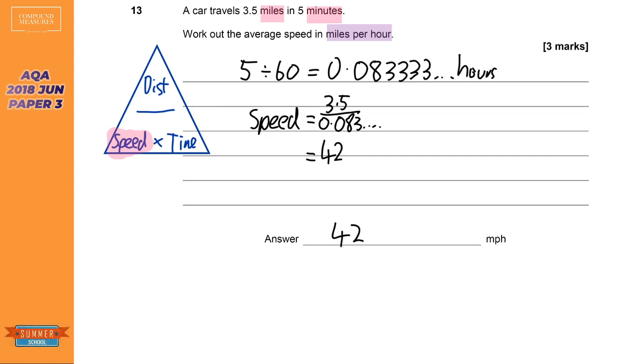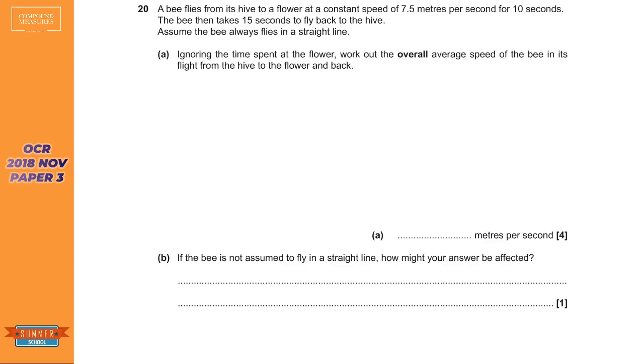Now I could have written 3.5 divided by 0.08 and then just keep typing 3 for a little bit. But you might get an answer that's different to 42, like 41.99999, something like that. So just round it to 42 as your answer.